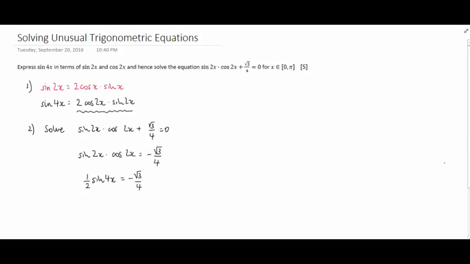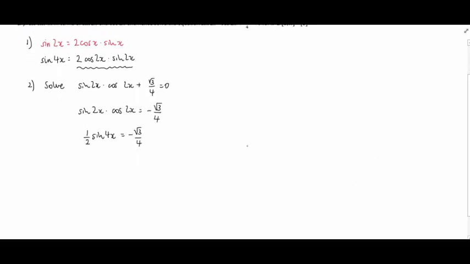I hope you're starting to see where this question is going now. If I multiply both sides of the equation by 2, I get sine 4x equals negative root 3 on 2.